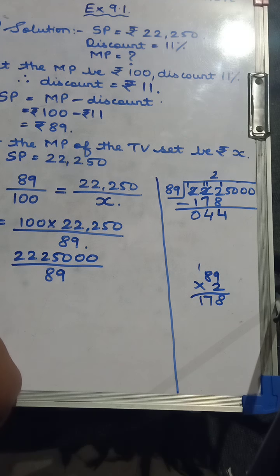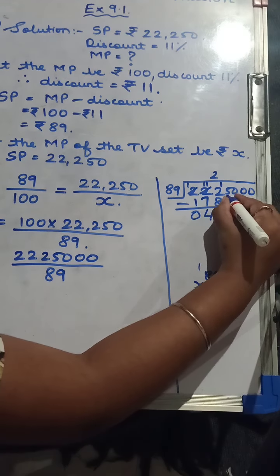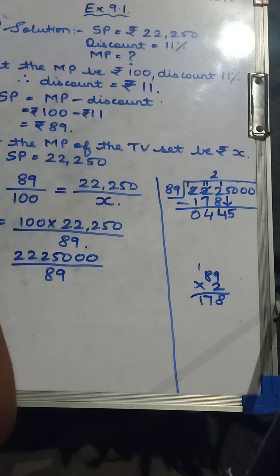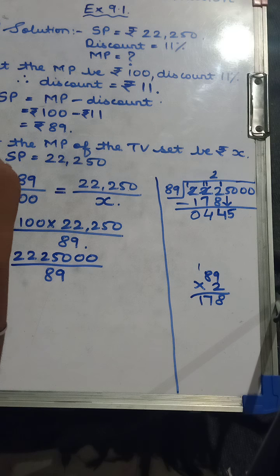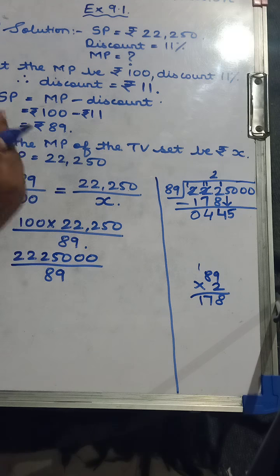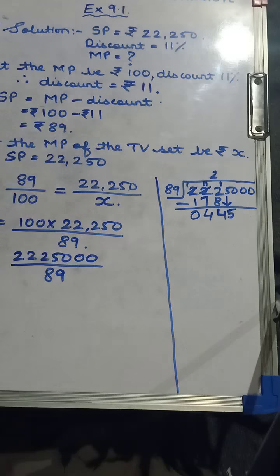So what we are going to do is take 5 down. That is 445. So to get 445, we will multiply 89. First we will multiply and check with 4.